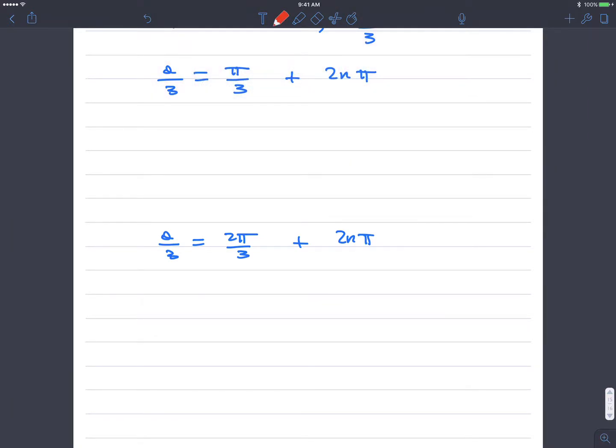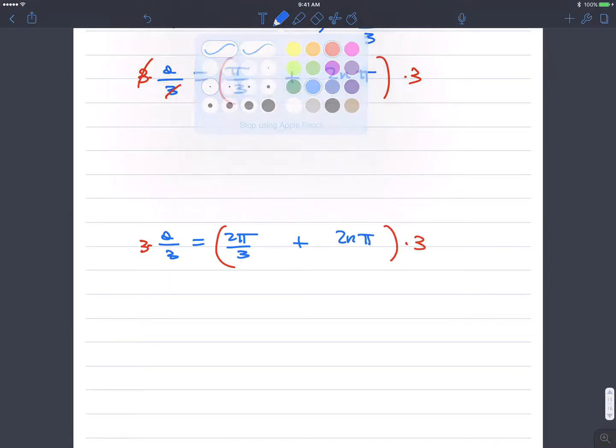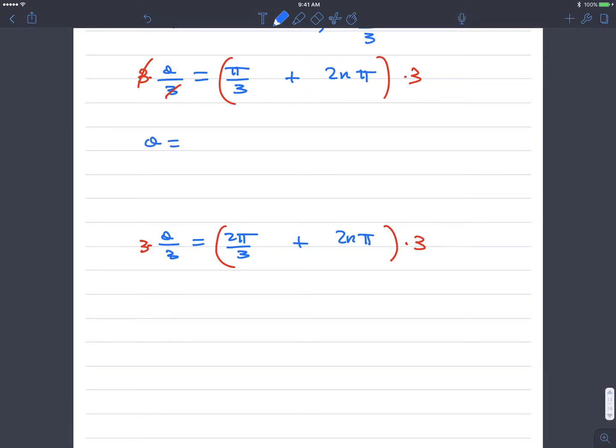Now, how do I solve for theta now? You're now going to multiply both sides by what? By 3. Is that true? So now my 3's cancel. Let's do the algebra. Theta becomes 3 pi over 3 plus 6n pi. Or simply, theta is what? Pi plus what? 6n pi.